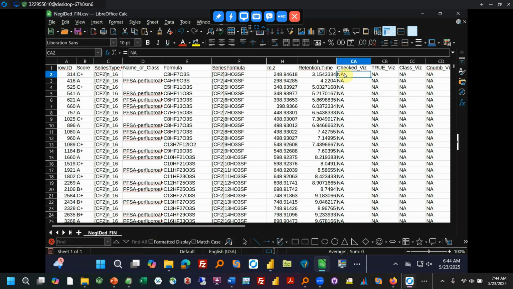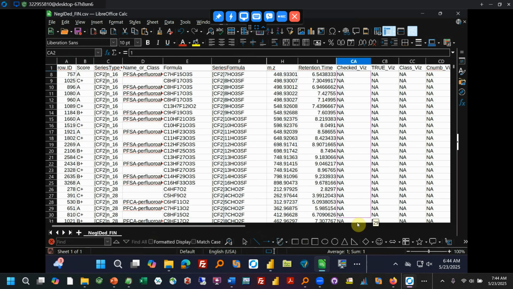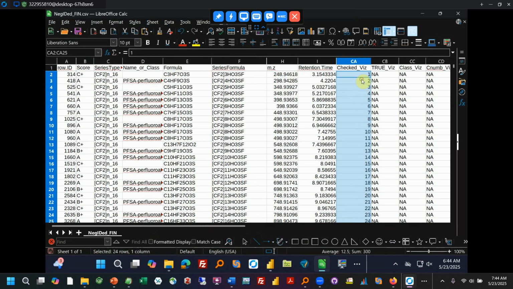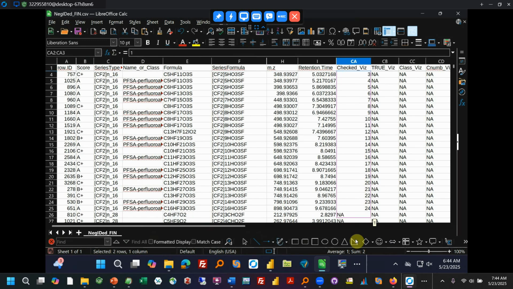So our checked, we'll just say that we checked all the sulfonic acids because by the end of, when we're done, we're going to have checked all the sulfonic acids. So we want all those to be 1. So it's just to say that we checked it. Note that you can put whatever you want in these boxes.